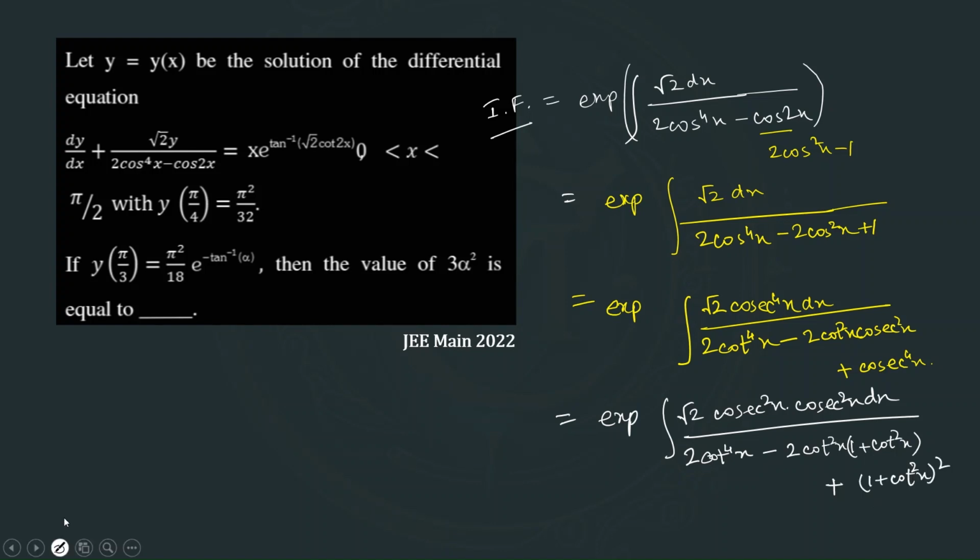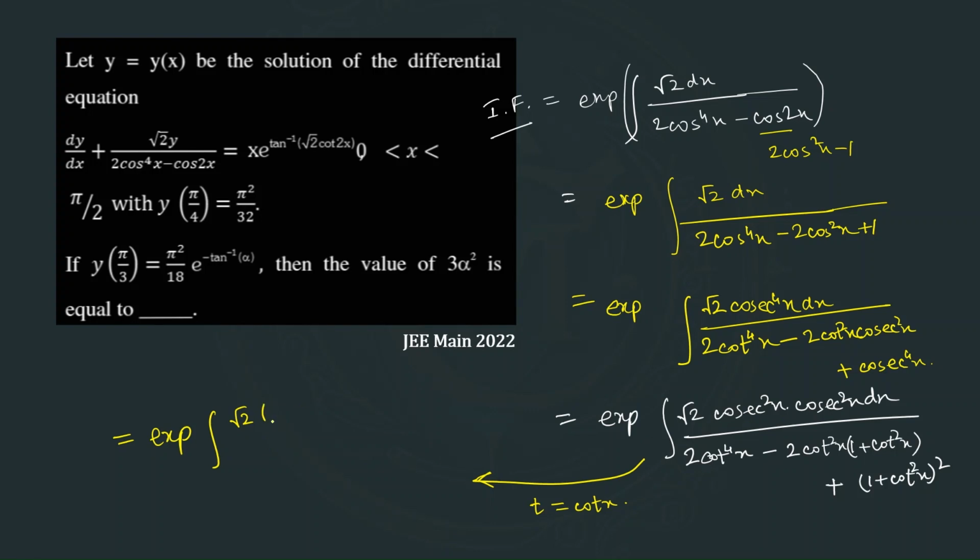Now from here we can easily observe, if we substitute t equal to cot x, then dt will become nothing but minus cosec square x dx. So here this will be exponential, then this integral will become root 2 times, this will be cosec square.